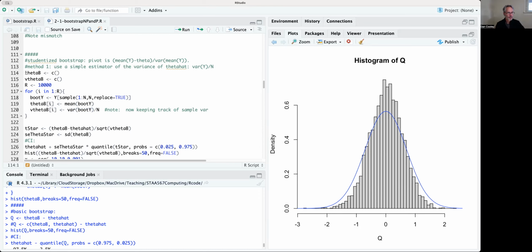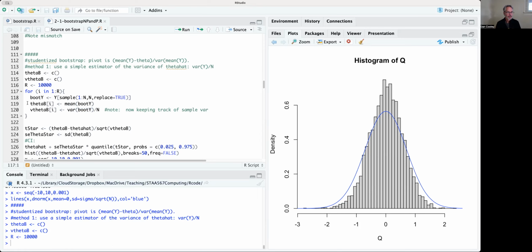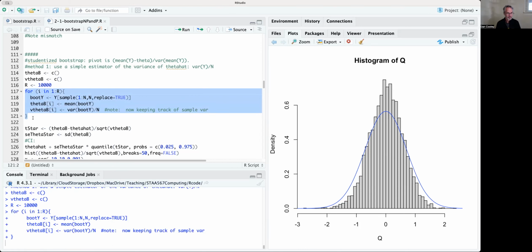Lines 114 and 115 just create the objects to store our means and standard errors in. I'm going to do 10,000 bootstrap samples, again storing both mean and variance. Okay, so we've collected those.